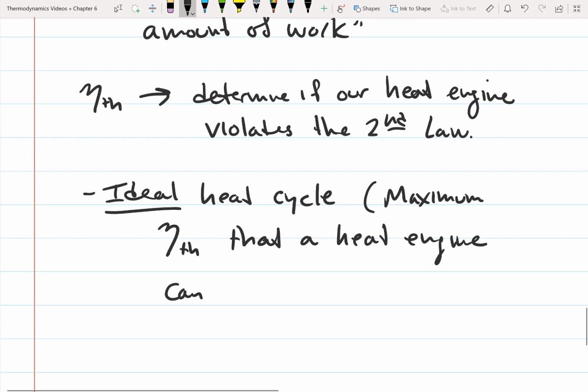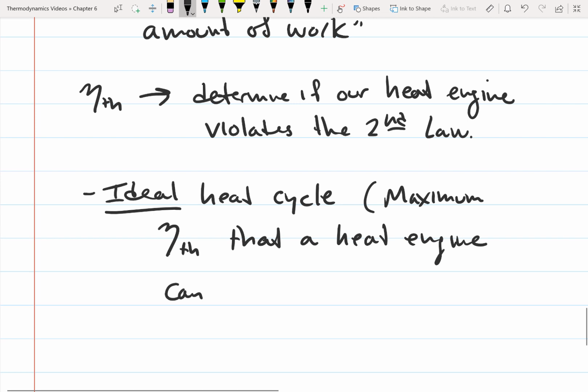So we want to figure out what the maximum efficiency is that a particular heat engine can have, and then compare our efficiency to that maximum. If we come up with an efficiency higher than the maximum possible efficiency, then we know our heat engine violates the second law and therefore it's impossible.